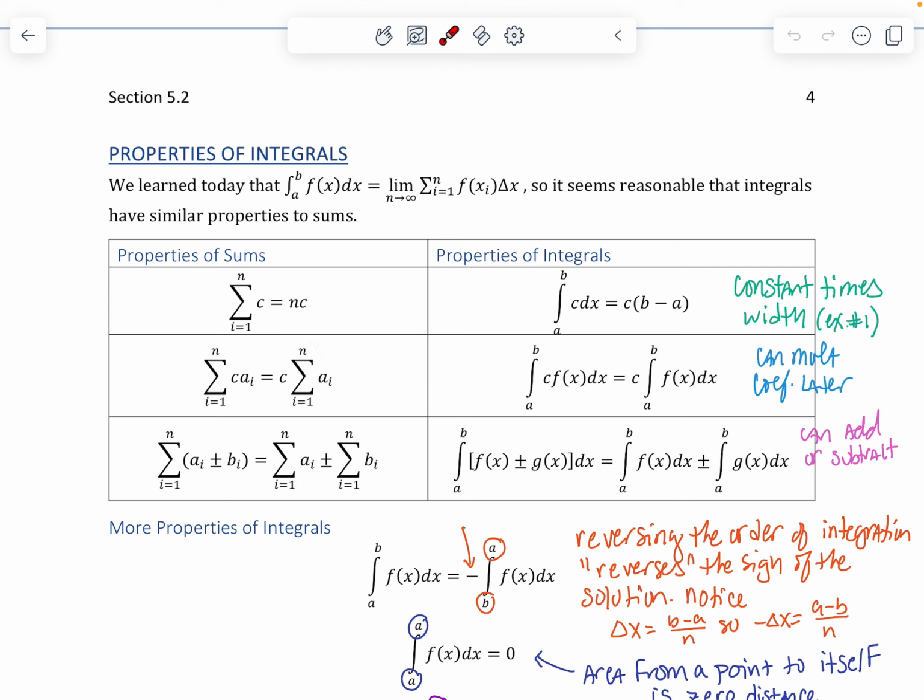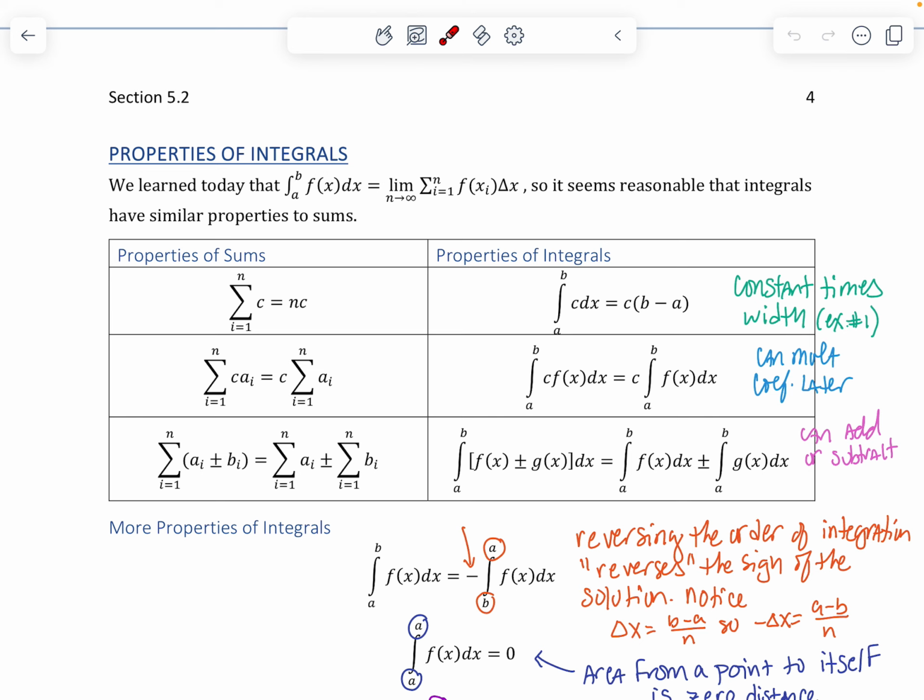Same thing happens with integrals. If you had x squared, we just solved that problem at the end of the last video. But what if it was 5x squared? Don't worry about it. Pull the 5 out, find the integral of x squared, and then we can multiply our answer by 5. So basically, we can multiply by a coefficient later on if we need.